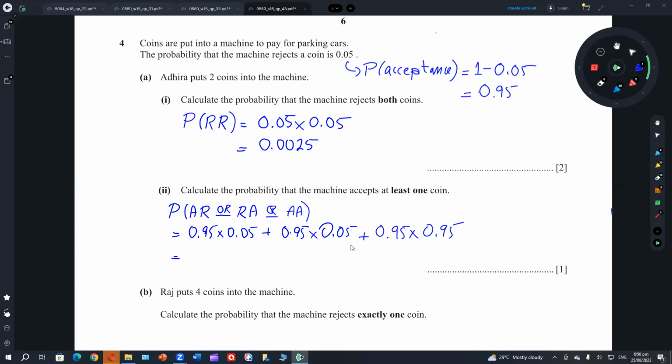Yes, I copied. Okay, fine. Solve this for me. We'll get the answer.